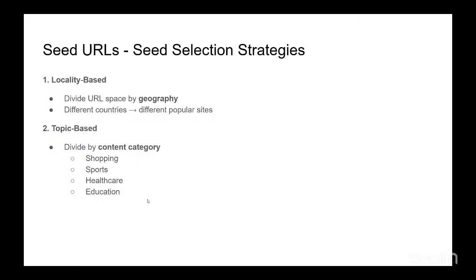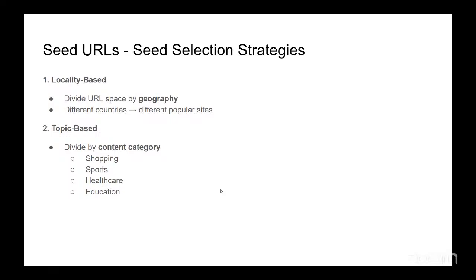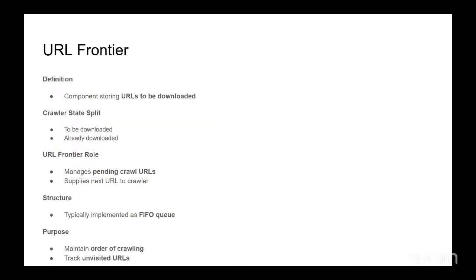And for education, we can select universities or other educational institutions. So we can select seed URLs based on these two strategies. This was the seed URLs component, which will keep the starting URLs for starting the web crawling process.